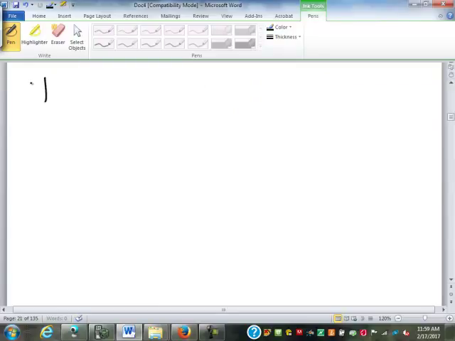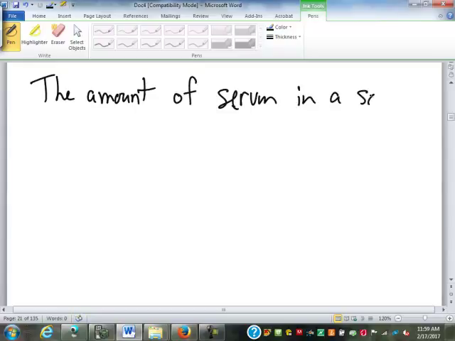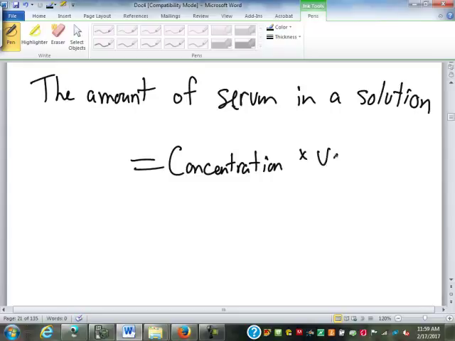So now the amount of the active ingredient, the amount of the serum, in a solution is equal to the concentration times the volume.